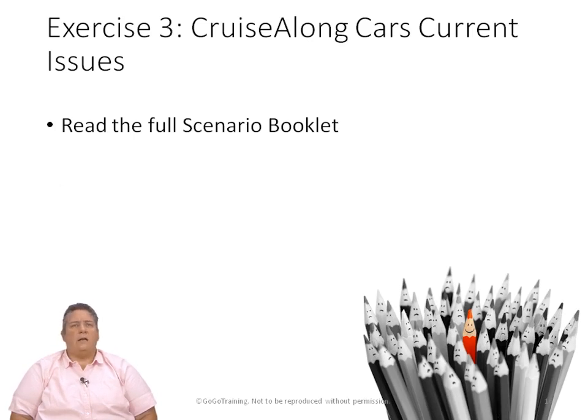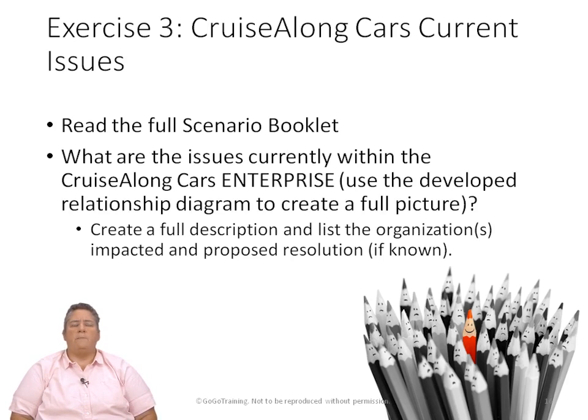Exercise 3, again, I want you to do all 3, read the full scenario booklet, and now generate another list. What are the issues that are currently in the CruiseAlong Cars enterprise? You can use that relationship diagram that you developed in the first exercise to help you to consider or think about what are some of the current issues.